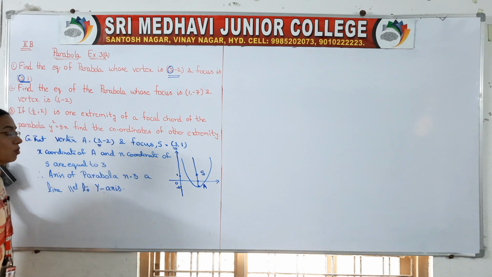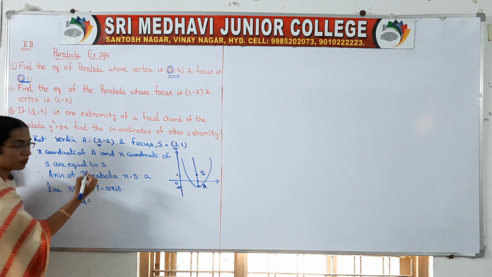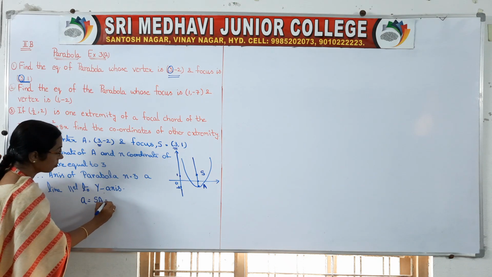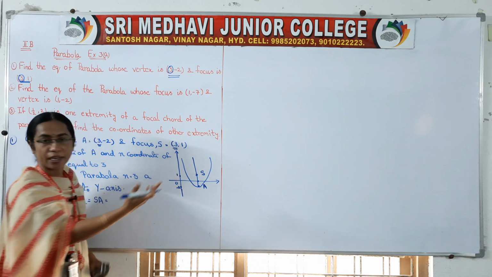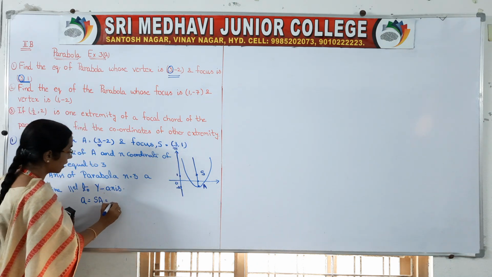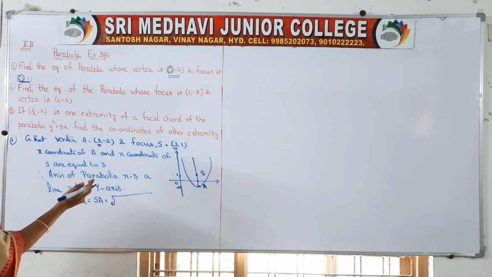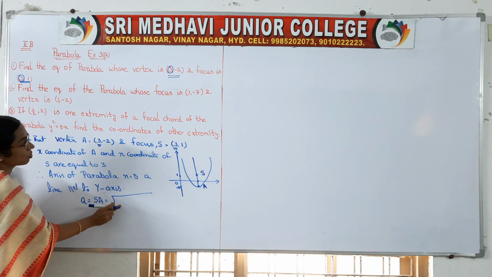Okay, so now you find out your a. a is always the distance between the vertex and the focus. So it is nothing but a is equal to the distance between SA or AS. Both are the same, right? So it is the distance between 2 points, root of (x2 - x1) whole square plus (y2 - y1) whole square.